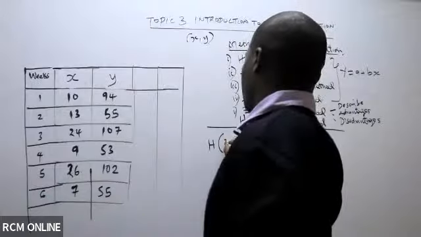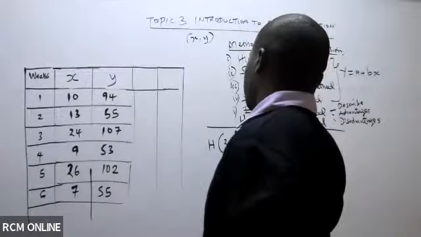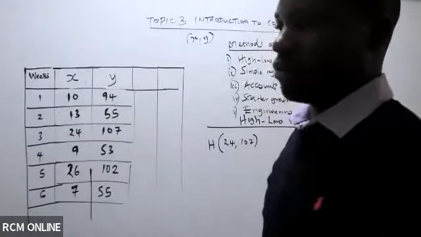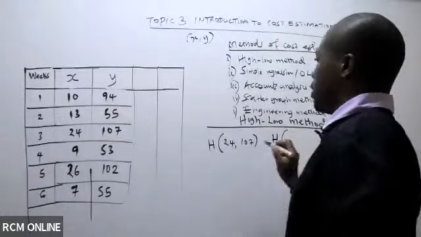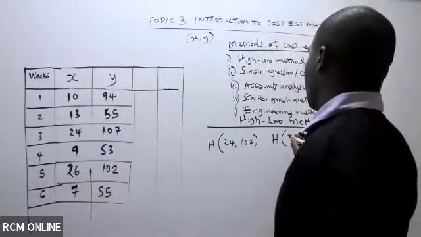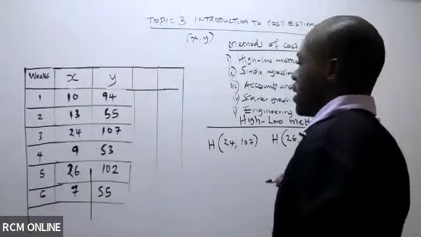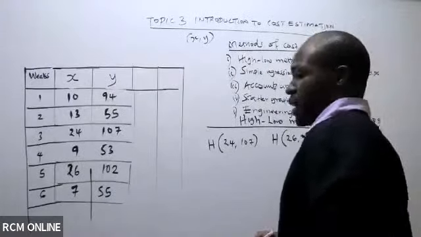So they're talking about 24, 107. Then somebody will be saying, no, that is not true. The highest value should be 26. So we'll be talking about 26, 102. So these two people are actually right?